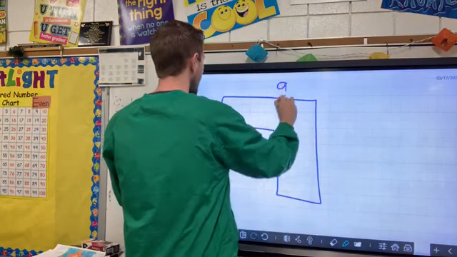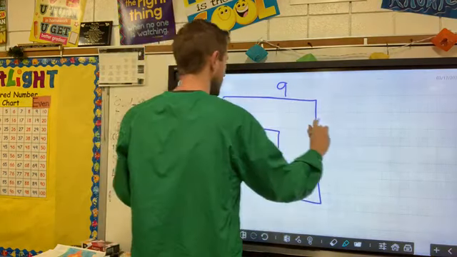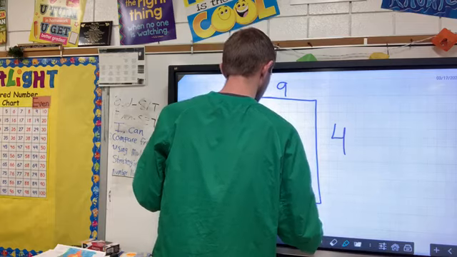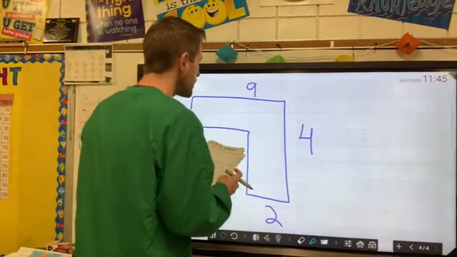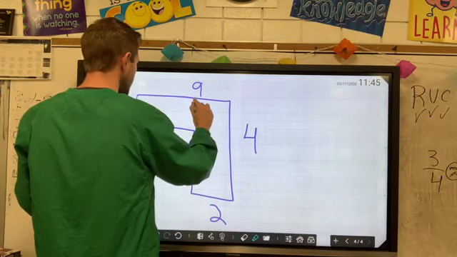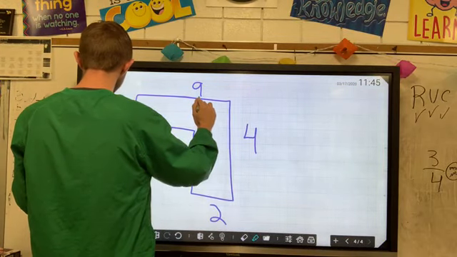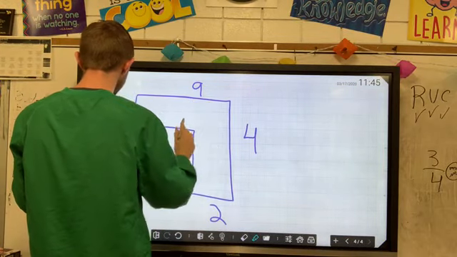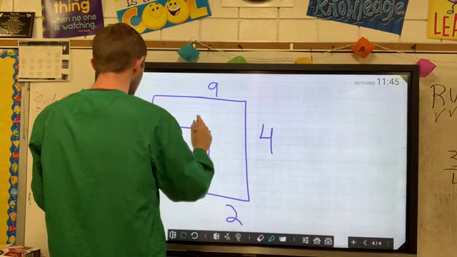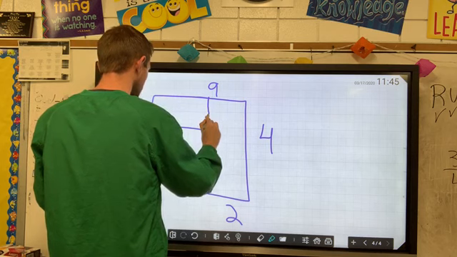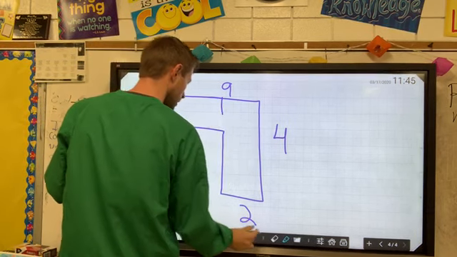And we have 9, 2, 4, 2, right? Remember, step 1 is to split the model. I'm going to split it. I'm going to split it this way. No, I'm not.